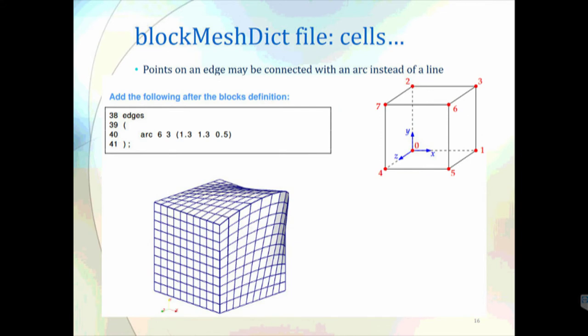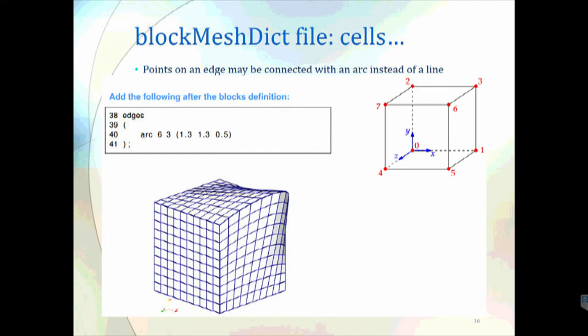And if you want to have curves joining your vertices, you can also specify that. For example, so far we have been discussing a block where the vertices are joined by straight lines. These are straight lines, all of these. But we can also define a curved line joining 2 vertices.